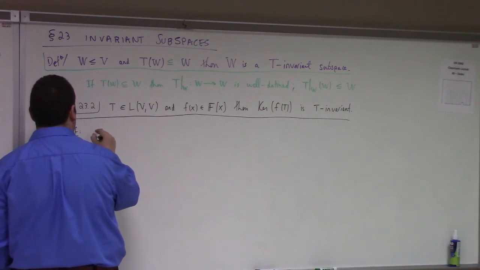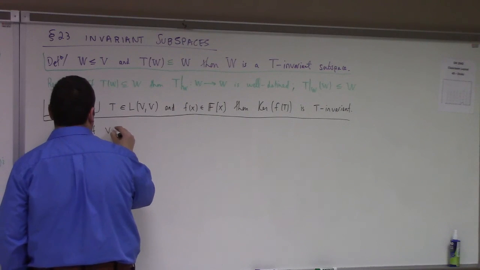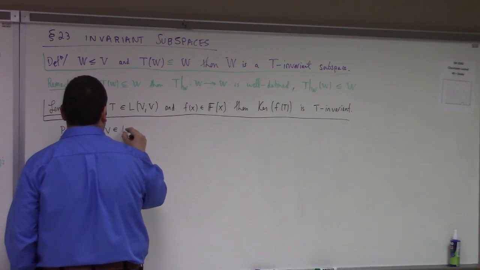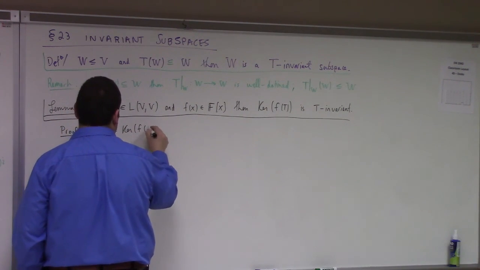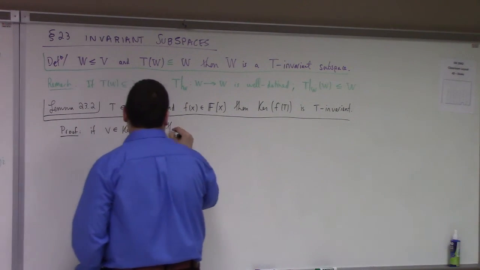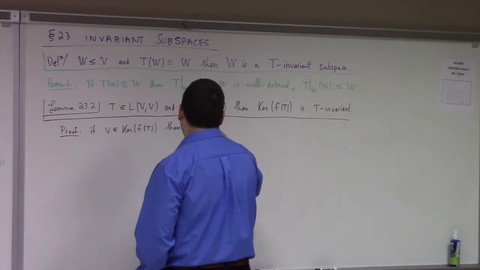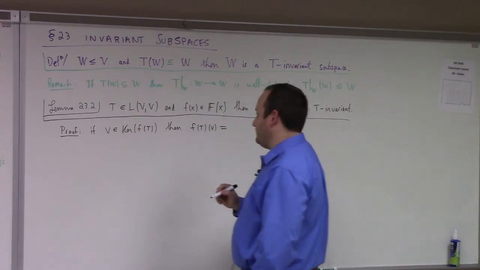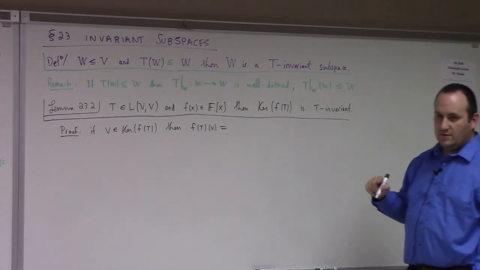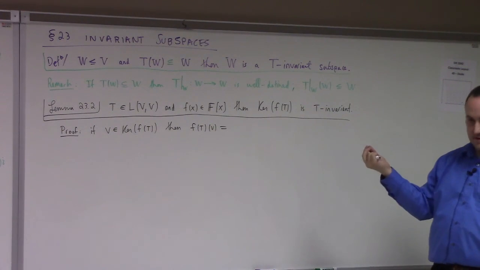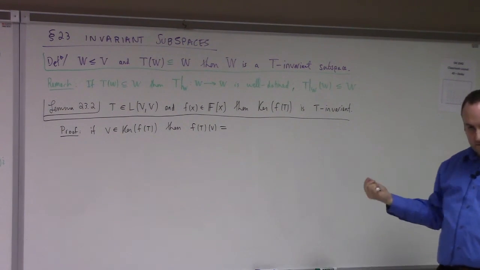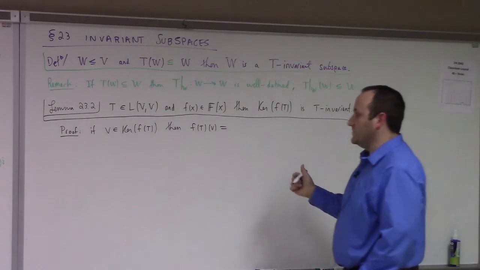So let's say v is an element of the kernel of f(T). What does that mean? If we take f(T) and act on v, what happens? To say v is in the kernel of f(T) means that when f(T) acts on v, it gives you 0. It's the definition of kernel.